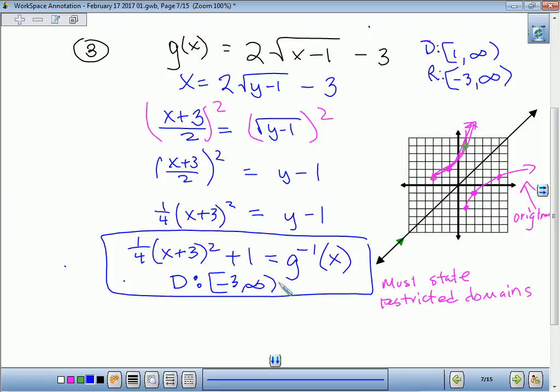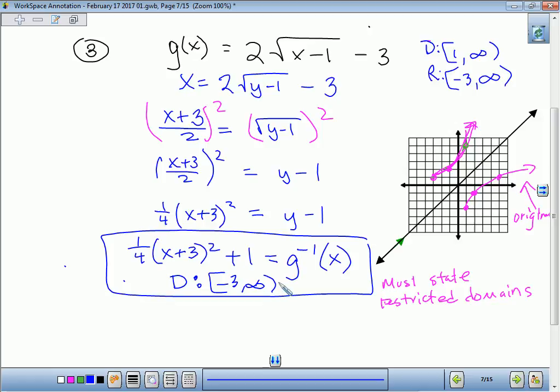Because we switch the x and y. And domain represents all possible x values. Now, if I restricted the domain from just -3 to infinity, do you see it just gives me the right side of the parabola? And does it look like it's a nice little reflection over y equals x?